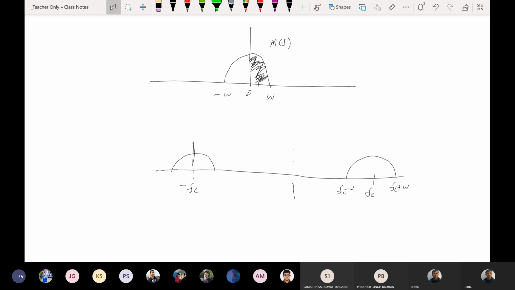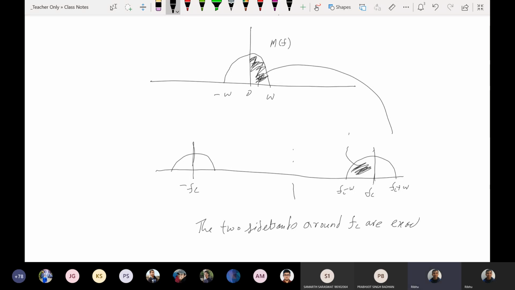So when I transmit in the passband, the two sidebands around FC are exact replicas of each other.